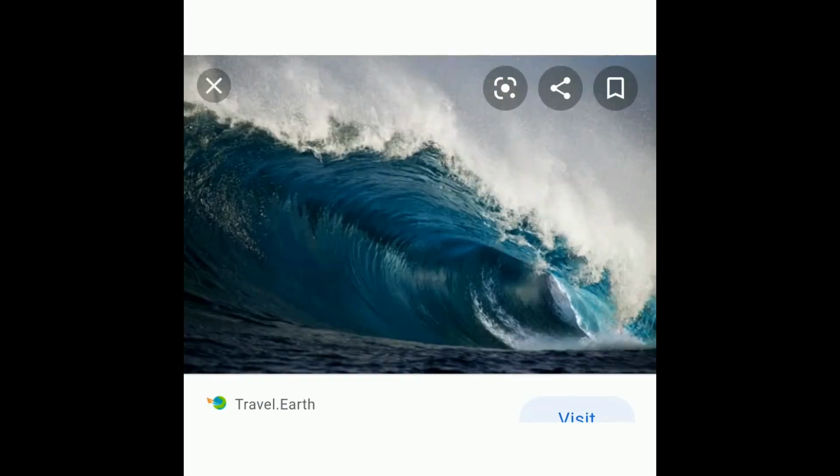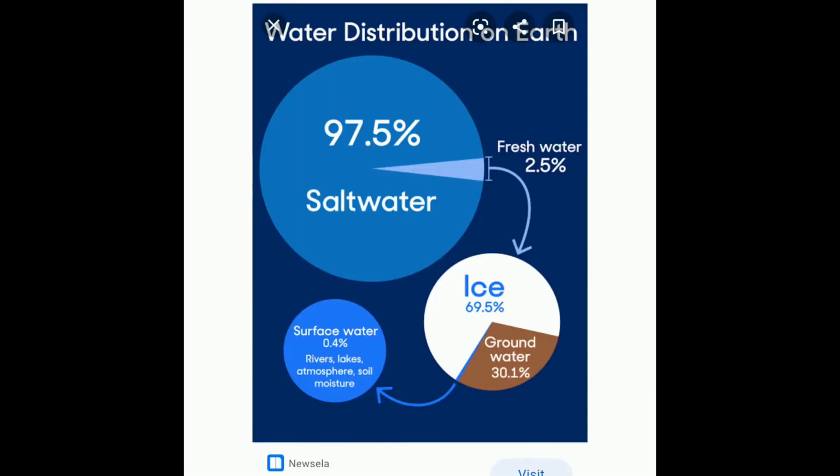So it cannot be used for household purposes, agriculture, industrial use, etc. So it is not useful to us. It is only used for making salt, right? 97 out of 100, or 97% of total water on Earth is saline water. So it is of no use.